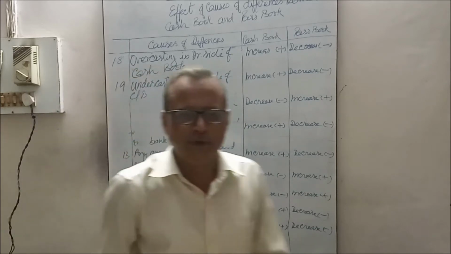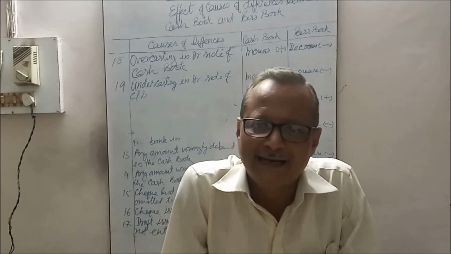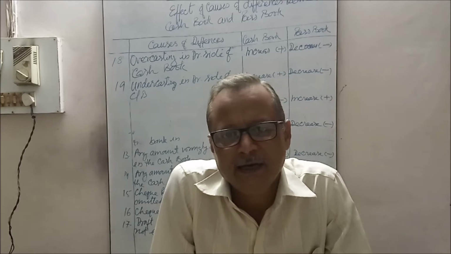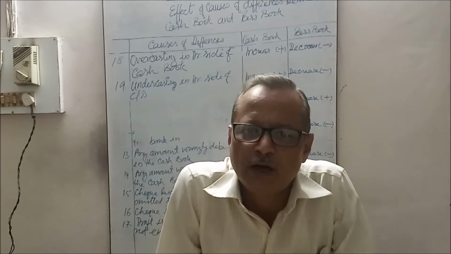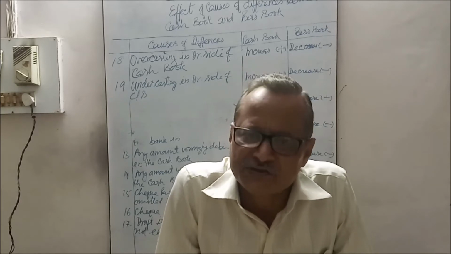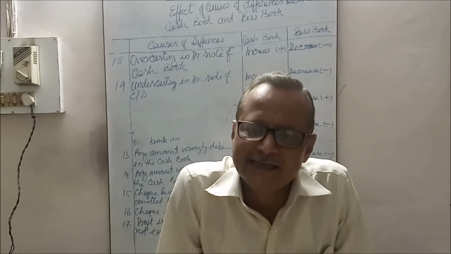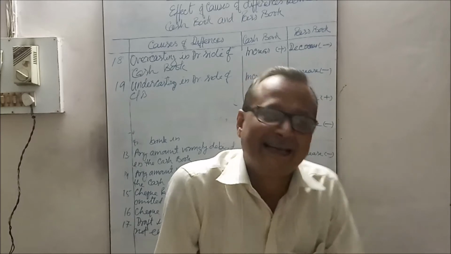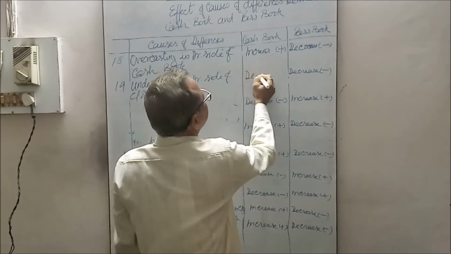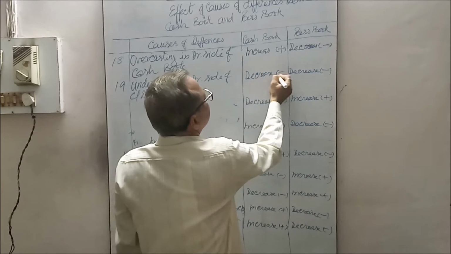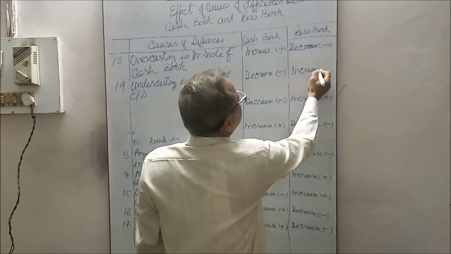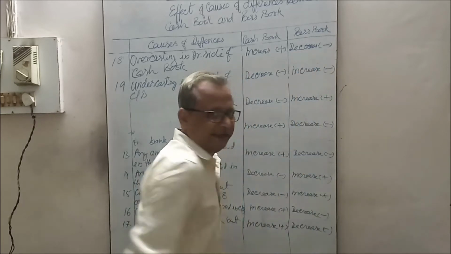When the amount should be written, but that is written less, such as suppose 1000 should be written, but wrongly entered in the cash book as 100 or 500. That is called undercasting. So in that case, debit side of cash book will decrease, and passbook will show increase.